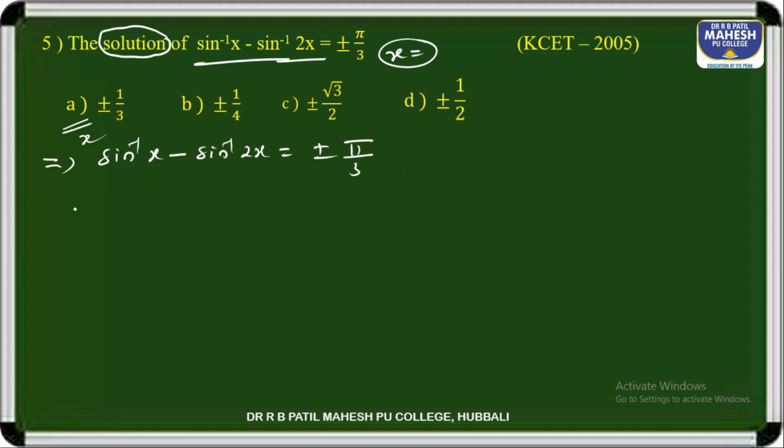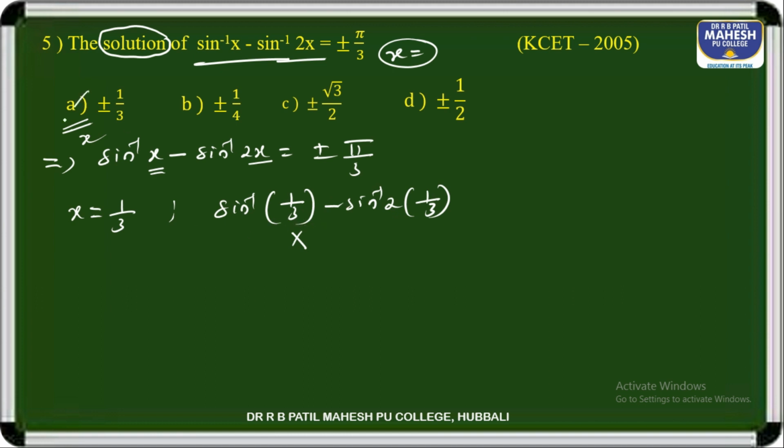So the first option is A, that is 1 by 3, I am taking in place of x in the given expression. So you can see sin inverse of 1 by 3 minus sin inverse of 2 into 1 by 3. Do you think that you are going to get a standard value, that is pi by 3? No, because sin inverse 1 by 3, sin inverse 2 by 3, we don't have standard values. Of course, you will not get it. Hence, option A is not correct.